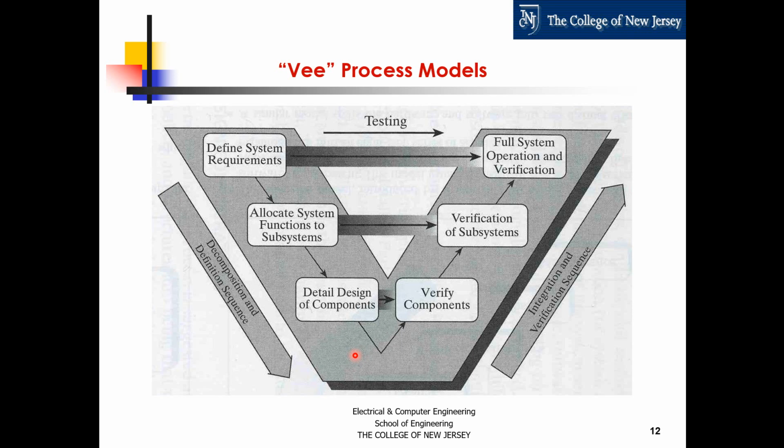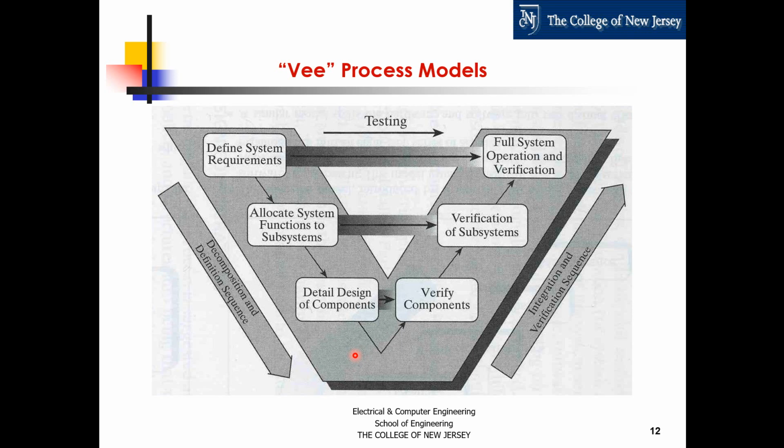That comes from really understanding this V process model paradigm. So once you have these components designed, you verify the component, you put the components on the subsystems, you verify the subsystems, you put the subsystems into the system, and you verify the system.